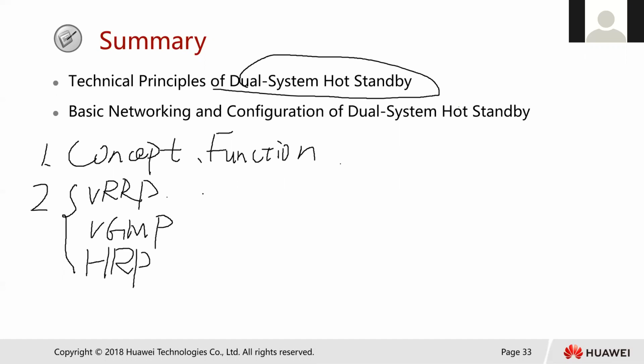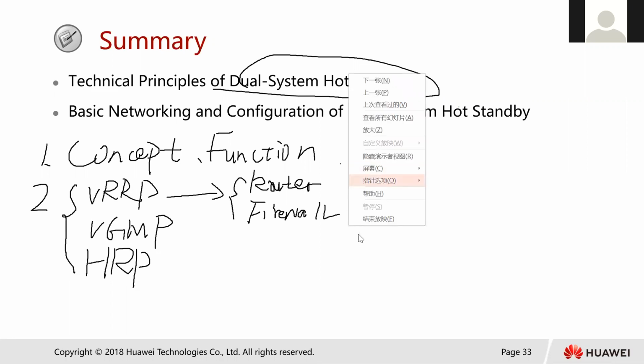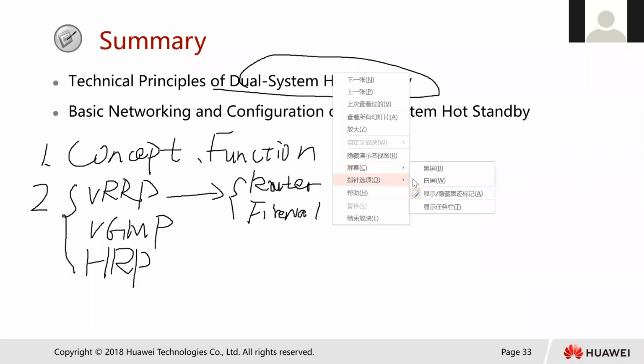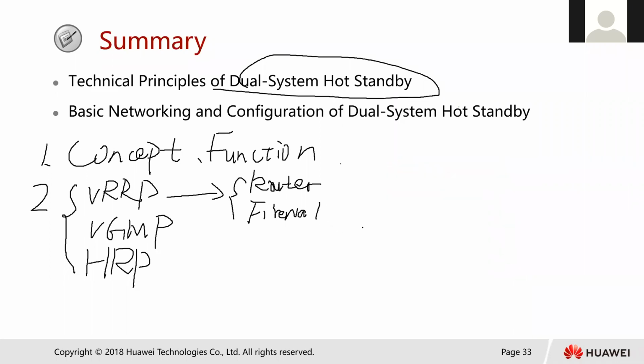For VRP, we have 2 scenarios. One is for router, and the other is for firewall. In the router, VRP can work normally.